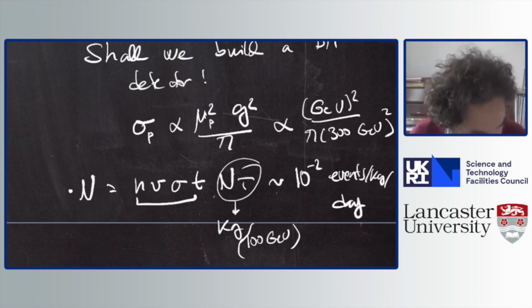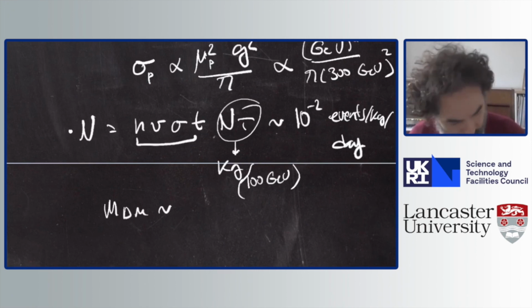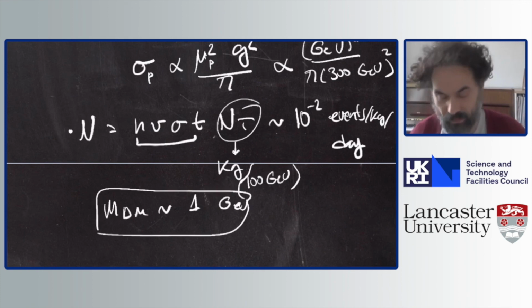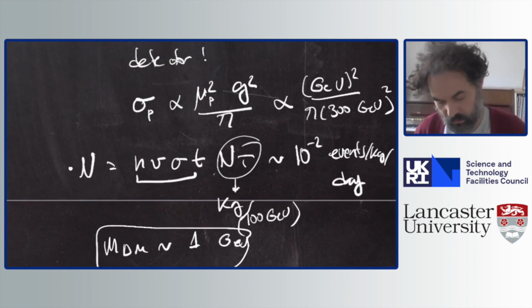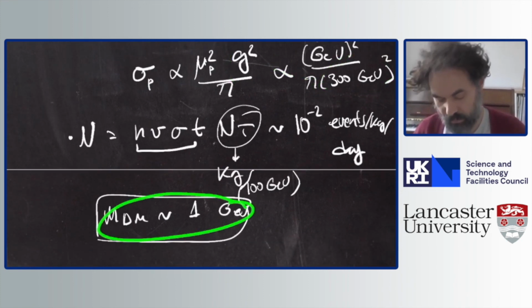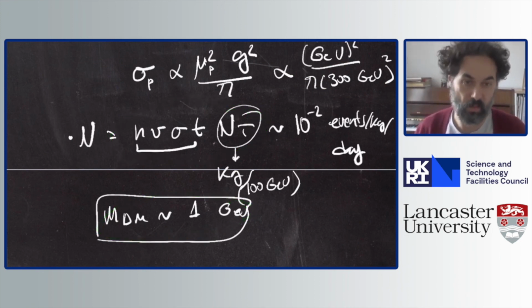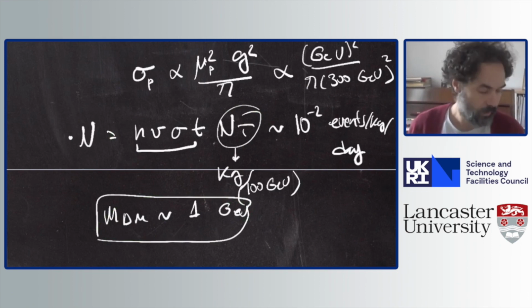And this corresponds to a dark matter mass around the GeV. That's the second part of the WIMP miracle: you take cross sections corresponding to the weak scale, and consider a dark matter mass around the GeV, and the detector that you have to build, if it is sensitive to kiloelectron volts, will have enough events for you to win the Nobel Prize.